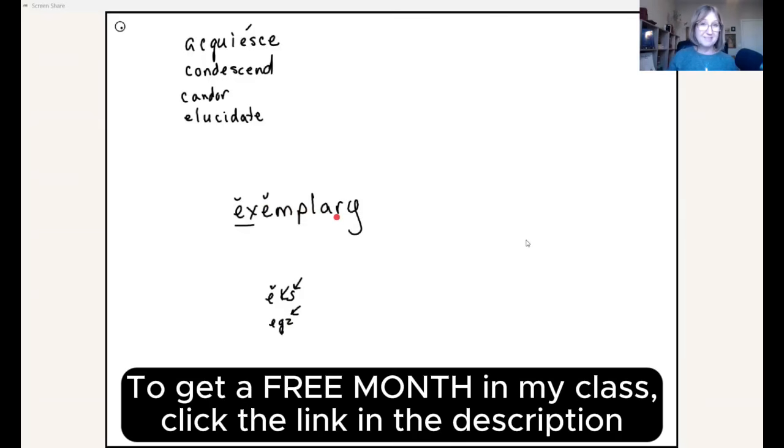This I want to explain. Usually AR will say R, like art or car or far. However, it can say air if it is toward the end of a longer word and there's a vowel after it. It will say air. And then E at the end of a longer word usually sounds like an E, Y at the end of a longer word usually sounds like an E. So we have eggs.